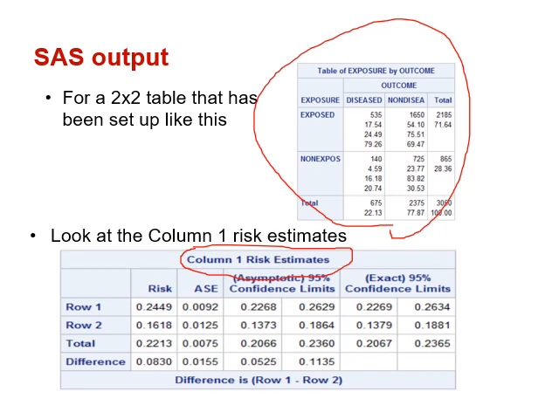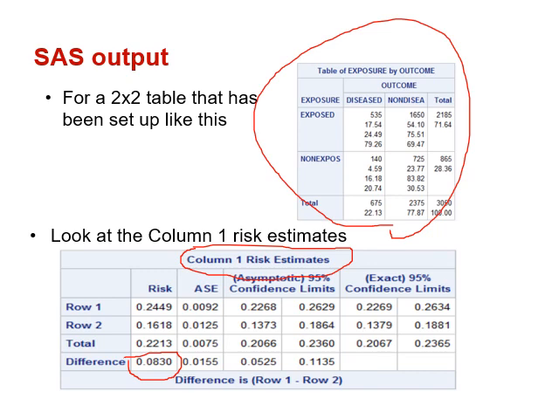For our data, the risk difference is 0.0830, which means that the risk in exposed is higher as compared to those in unexposed.